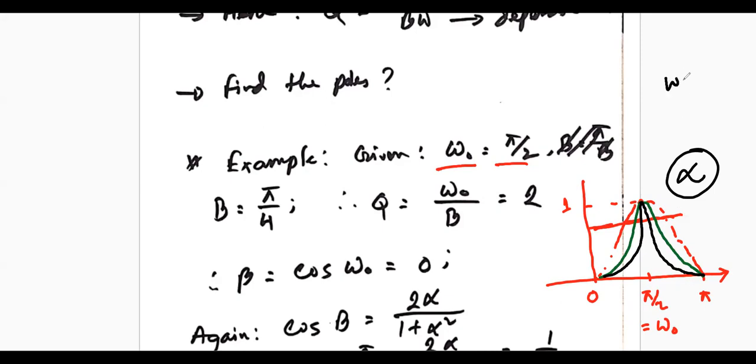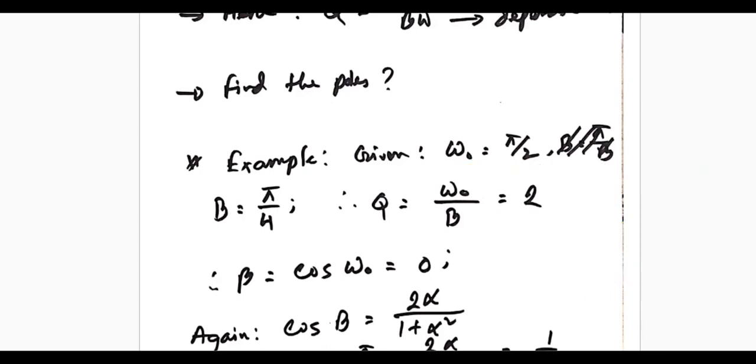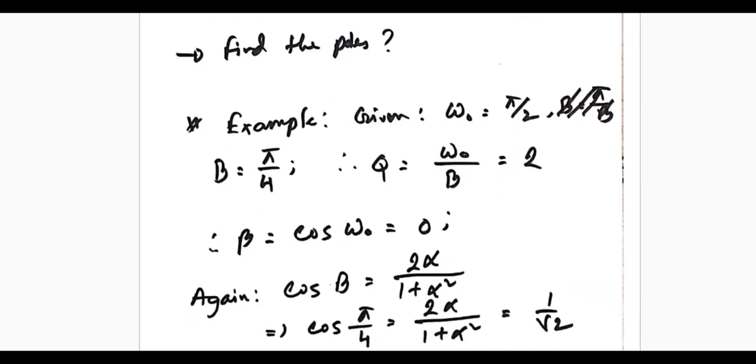The center frequency omega 0 can be controlled by the value of beta. Since omega 0 is now fixed, we don't have anything to do with the beta value, because that represents a single number. So omega 0 is given, and the bandwidth is also given here. The bandwidth is pi by 4.